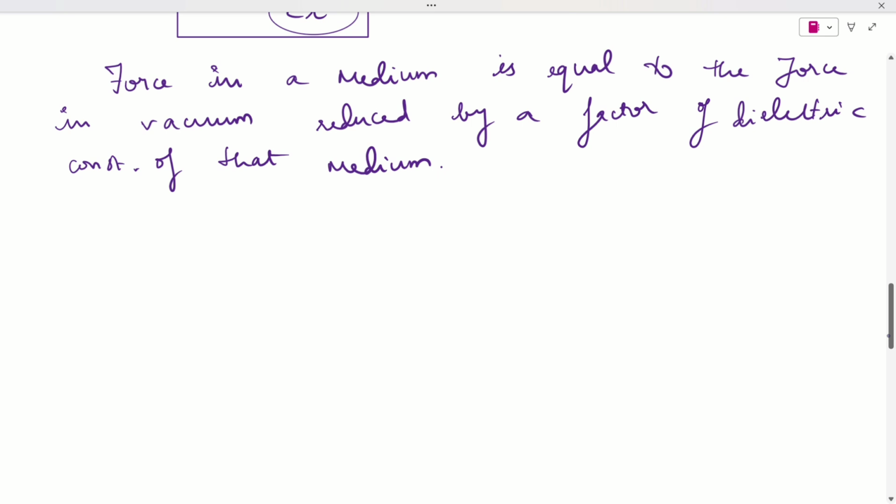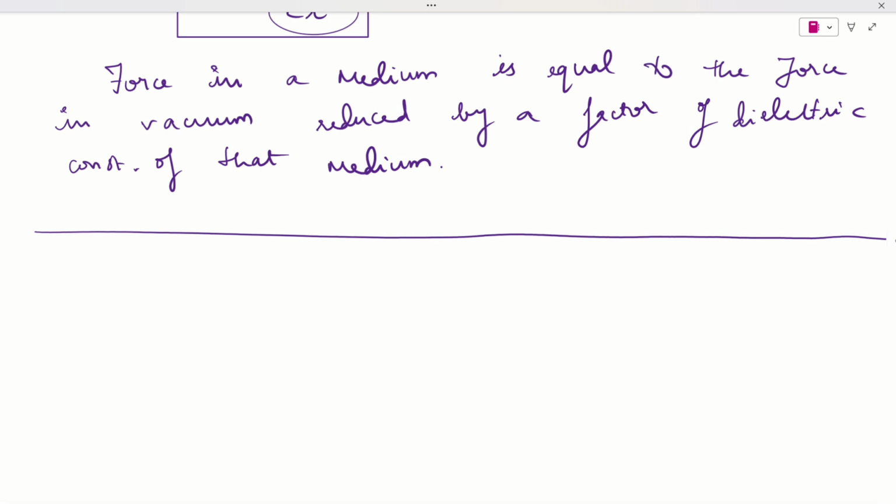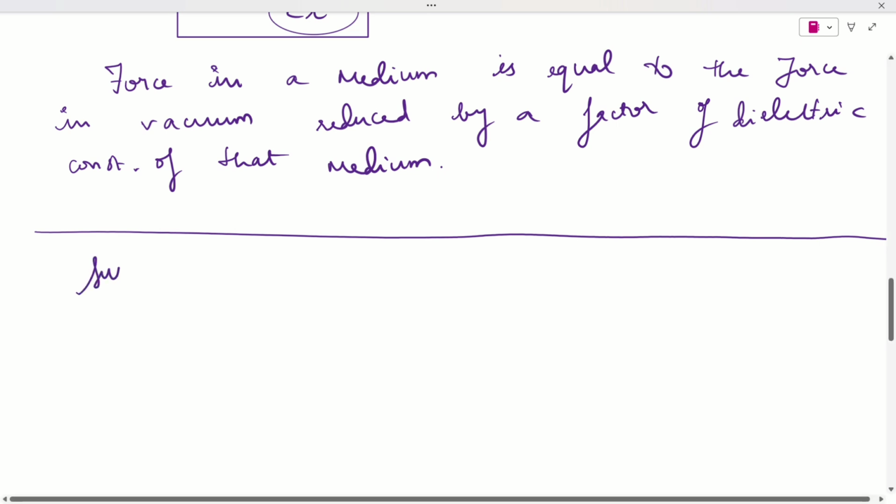Now let us try to understand the next topic, which helps us in calculating the force acting on a charge if more than 2 charges are present in a system. Okay, so we are going to learn about the superposition principle.